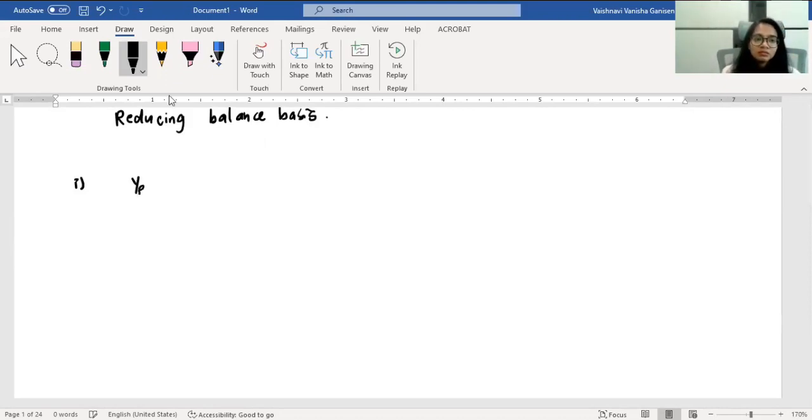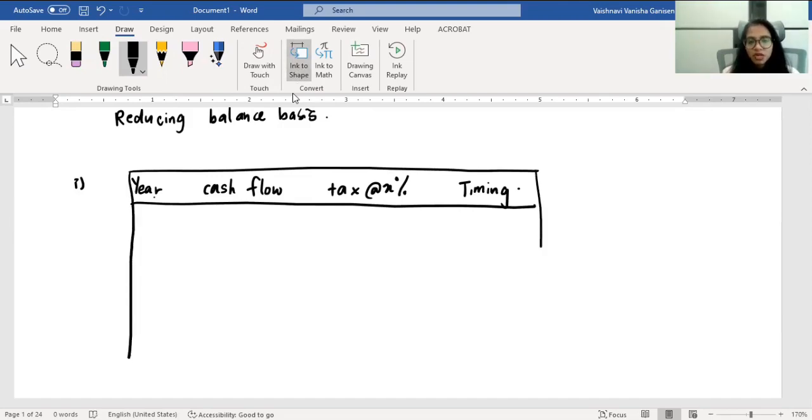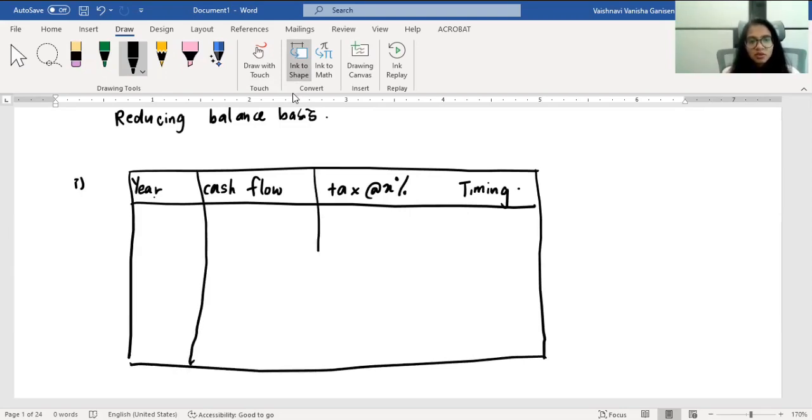So: year, cash flow, tax percentage, whatever percentage it is, and timing. Guys, please follow my methodology if you don't have your own methodology right now. The reason is that this will really help you in an event where you get confused or lost. I always have a structure on how I do everything, so I'm hoping this structure will be of good help to you.